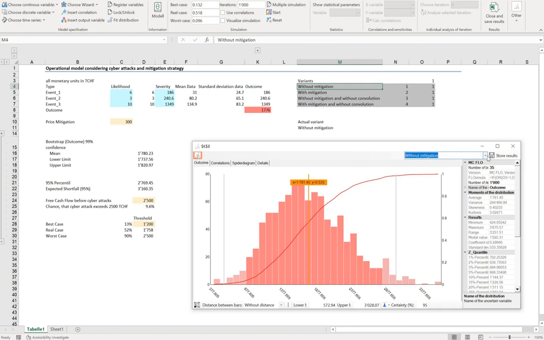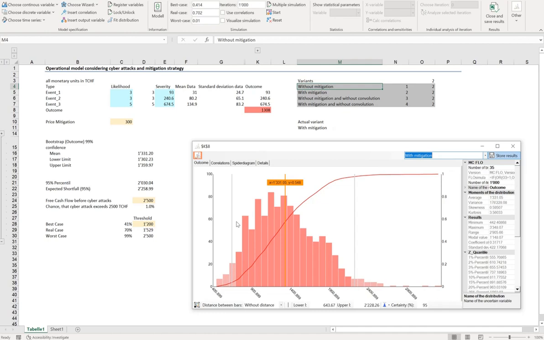Then with mitigation, this residual is reduced to 1%. So there's a 1% chance that the cash flows at the end will be below 0 francs. So we have 1% probability that the company will end up at default.